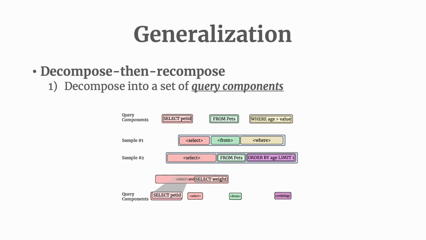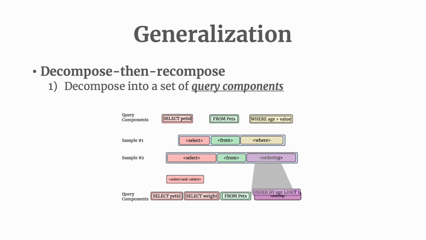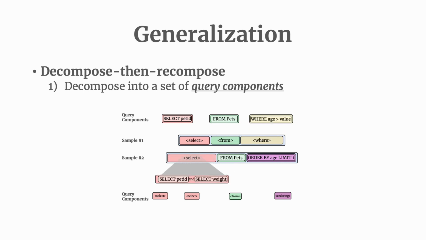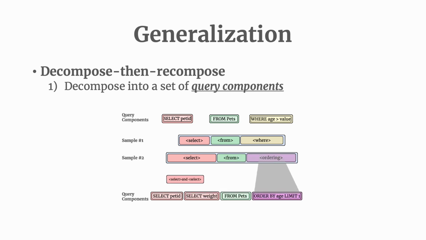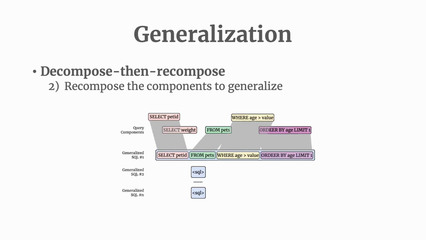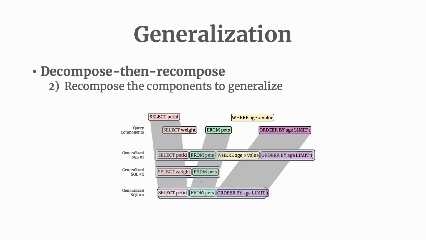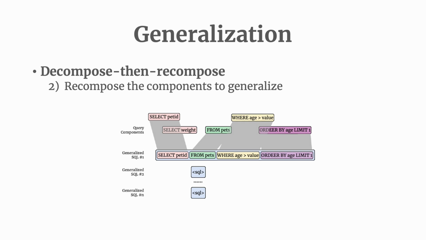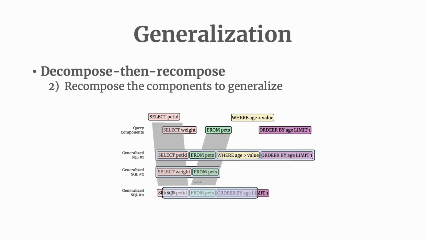As illustrated here, decompose means to crack the sample queries, each by each, into a set of small units, where the units represent different semantics over the underlying database. And then recompose means to randomly combine those units and generalize to a broader coverage of possible queries.